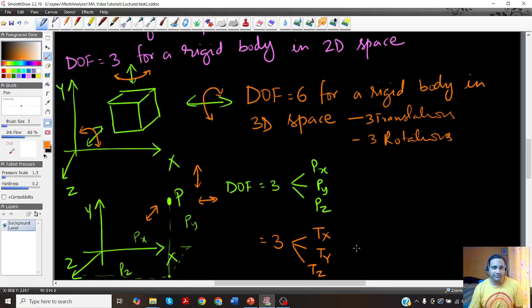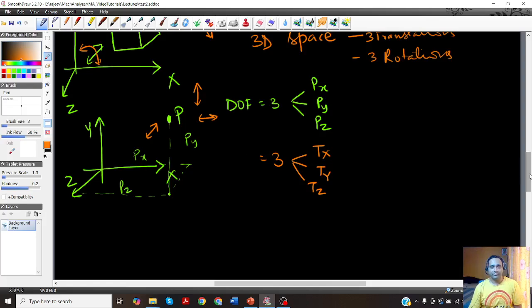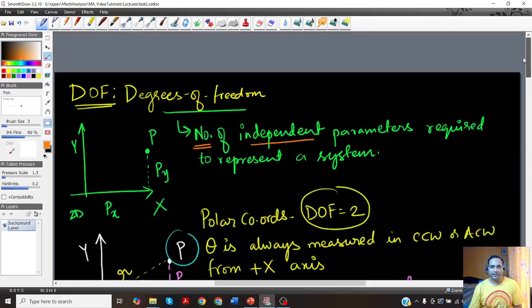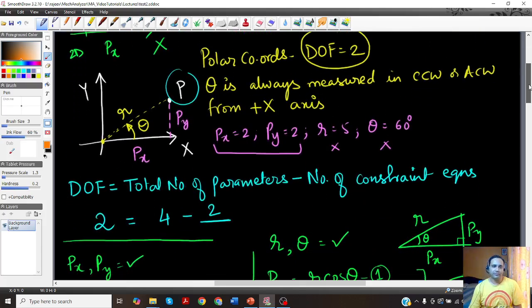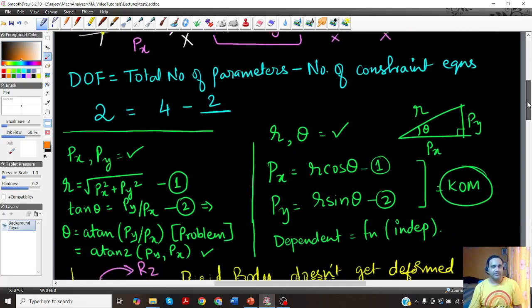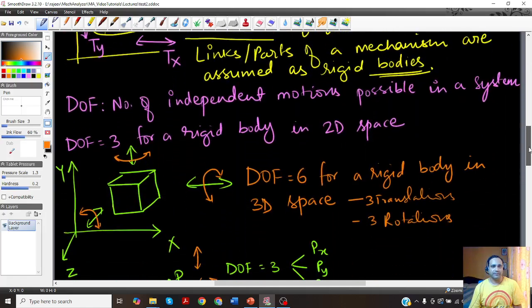There are 3 definitions we have looked at. The first definition was the number of independent parameters required to represent a system. The second definition was the total number of parameters minus the number of constraint equations, and the third definition is the number of independent motions possible in a system.